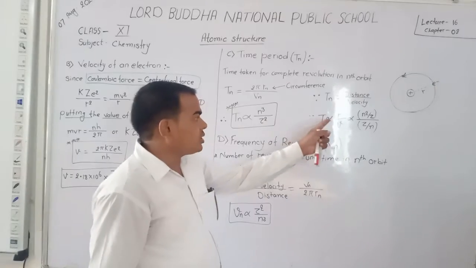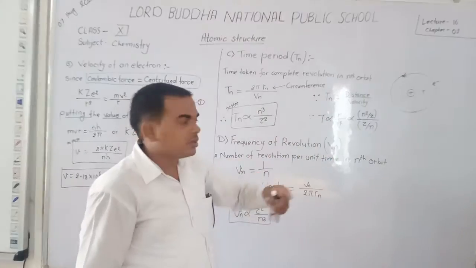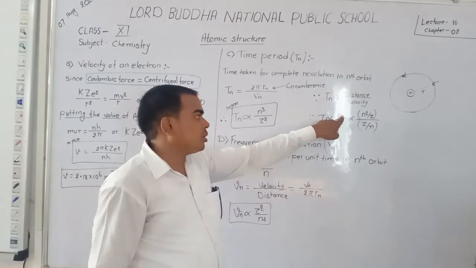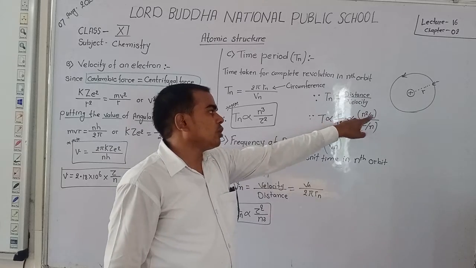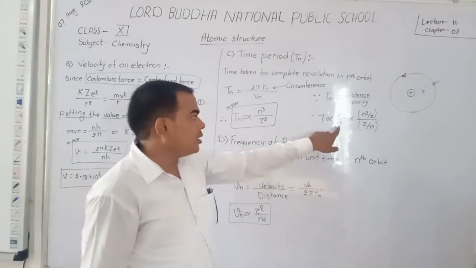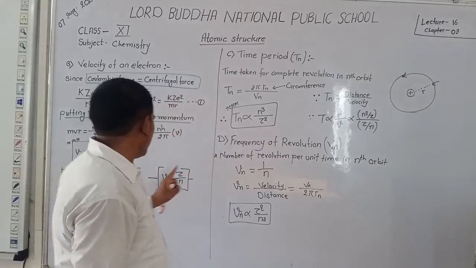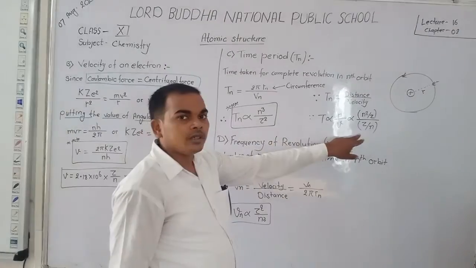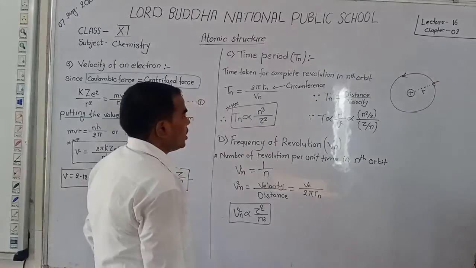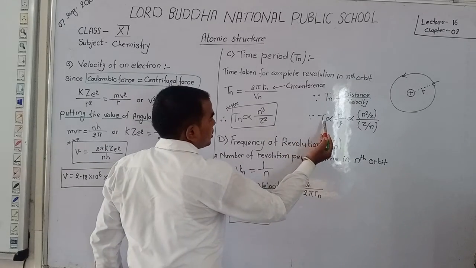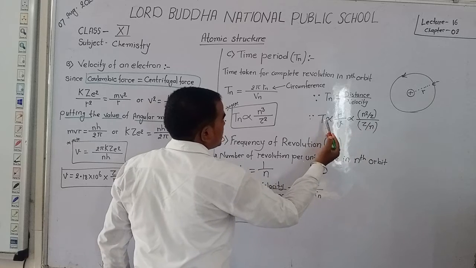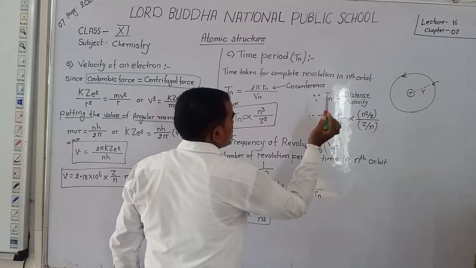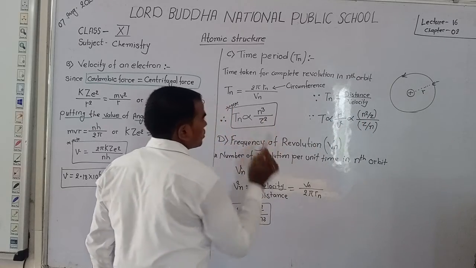Dear student, in the previous lecture we discussed that the radius R is proportional to n square upon Z, and the velocity is proportional to Z by n. Putting these in, we say that the time period is proportional to n cube by Z square.